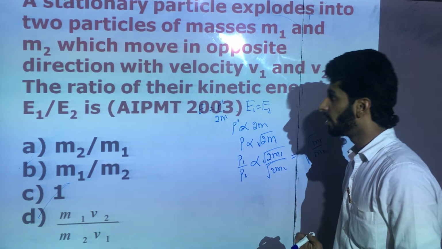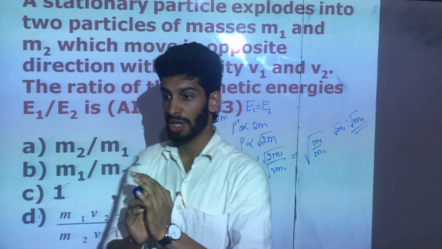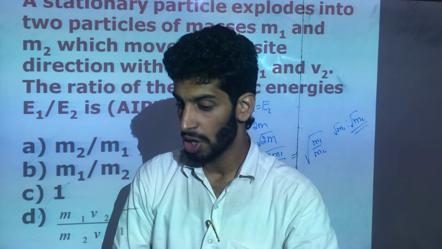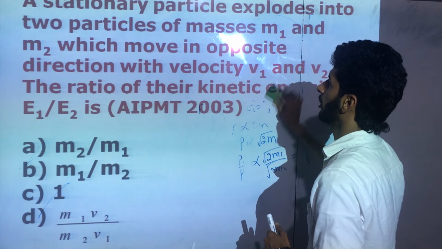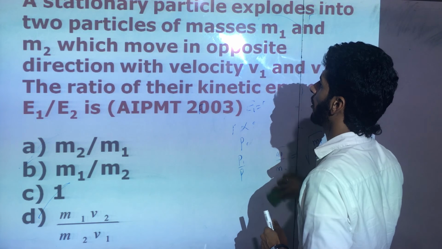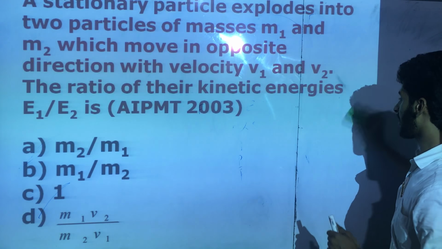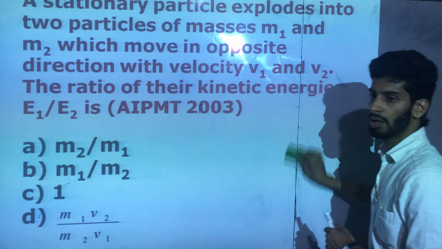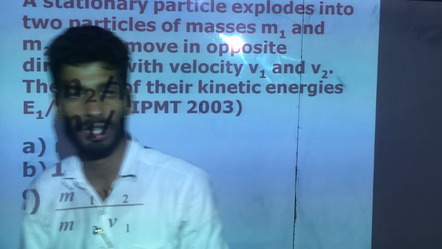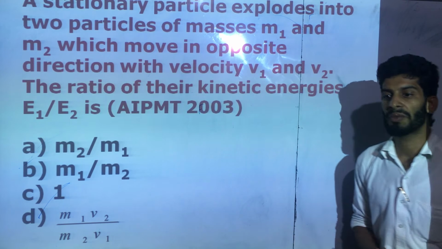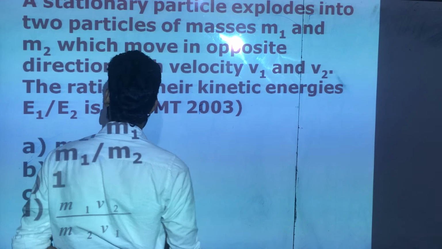Next, coming to two particles again. A stationary particle explodes into two particles of different masses, m1 and m2. They move in opposite directions after the explosion with velocities v1 and v2. The ratio of their kinetic energy is asked, AIEEE 2003.